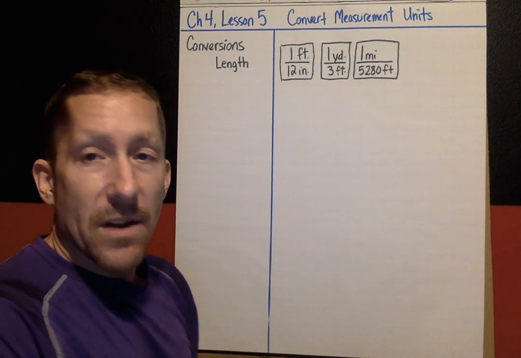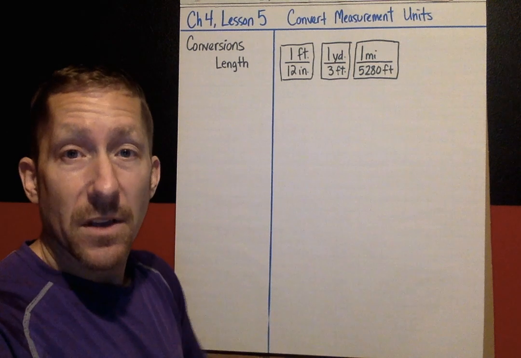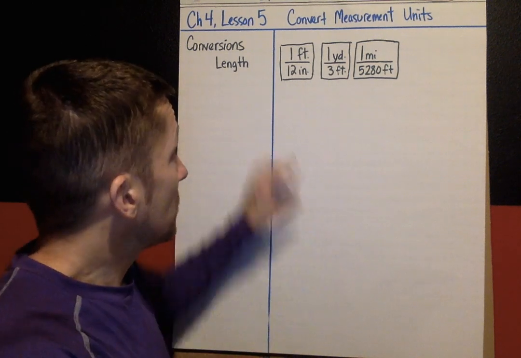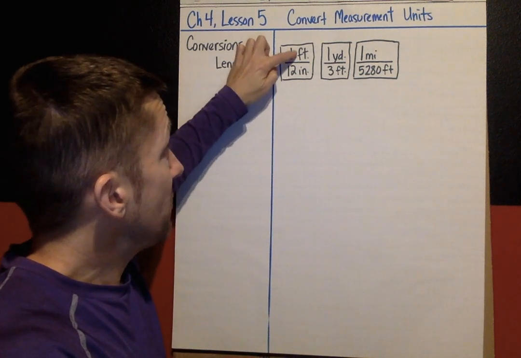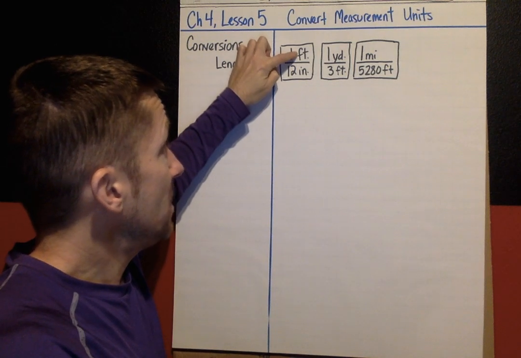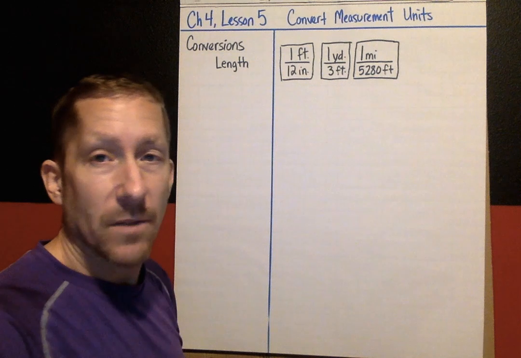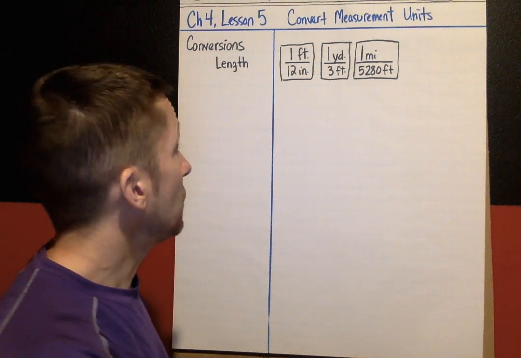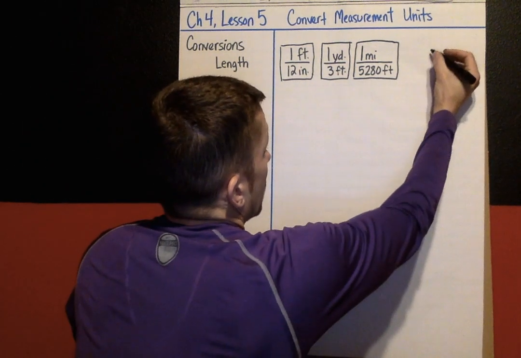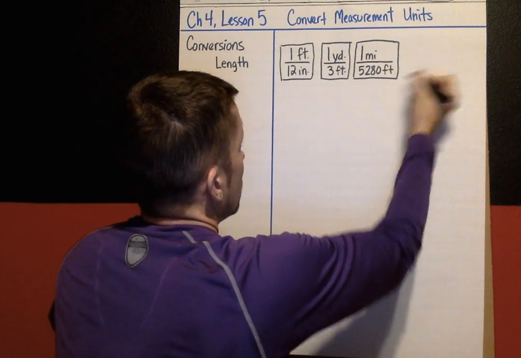Now, you can also flip the conversion around. Here's what I mean by that. I might want feet as a numerator unit. There are times where I might want inches as a numerator unit, and we'll get to why we would do that in a little bit. So you could also flip all of these conversions.